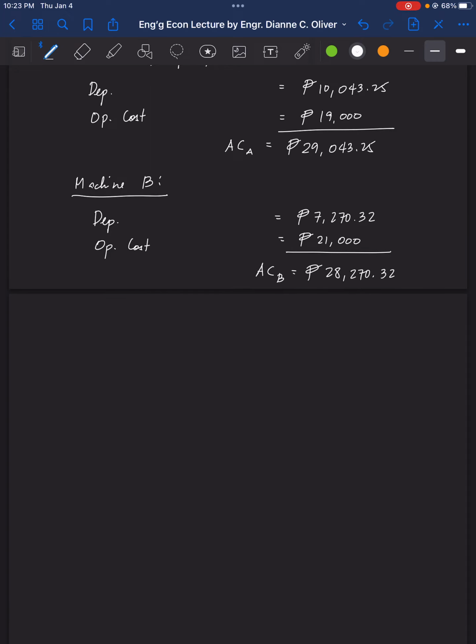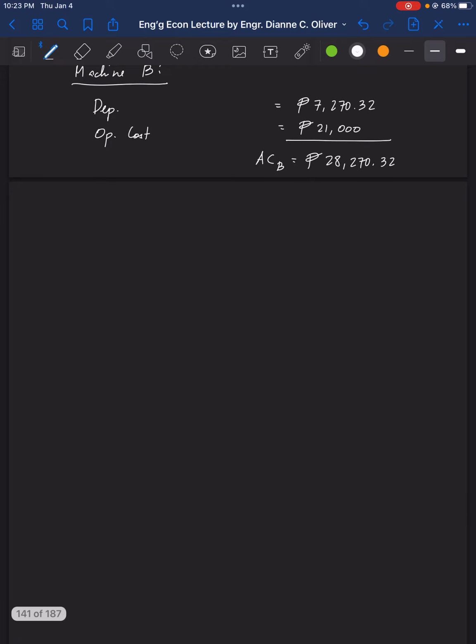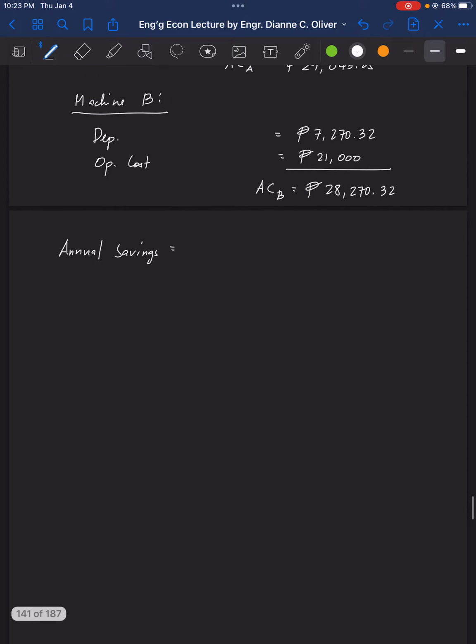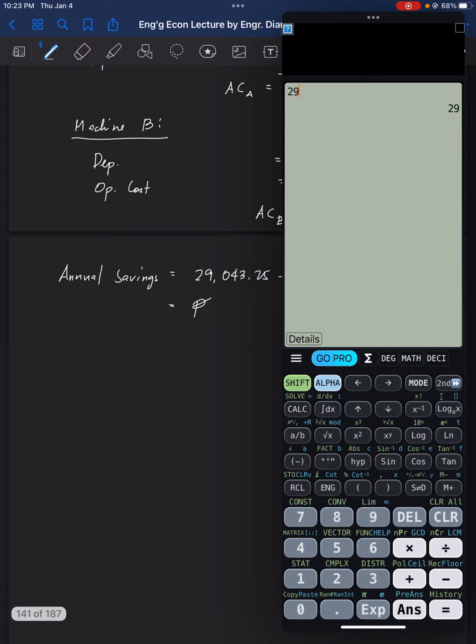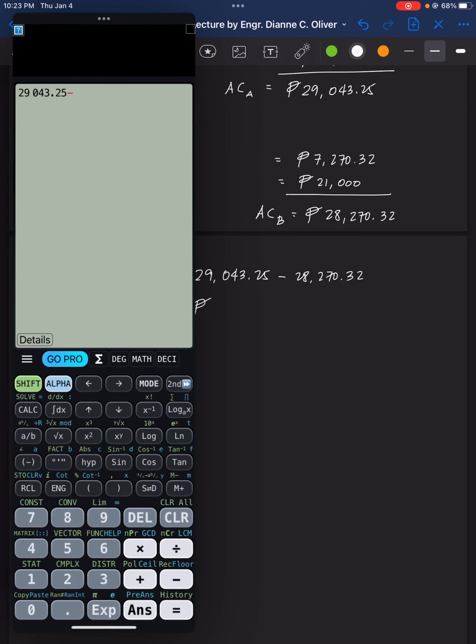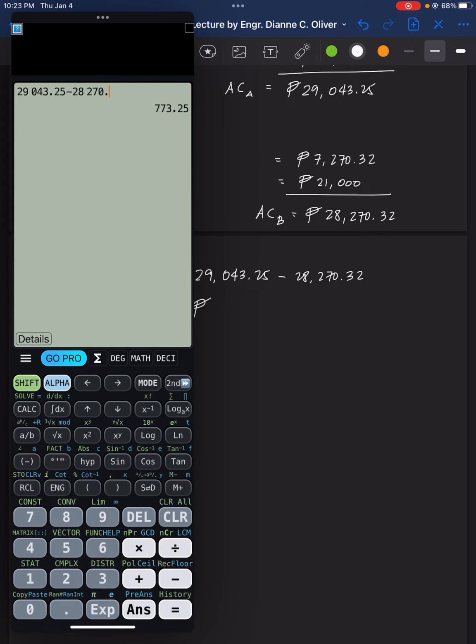Next. So annual savings is now equal to 29,043.25 minus 28,270.32.